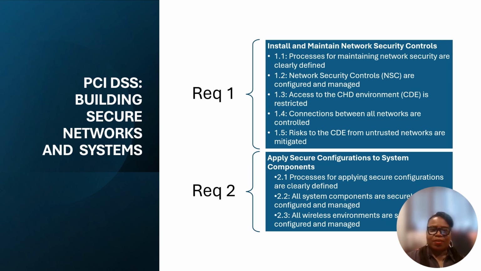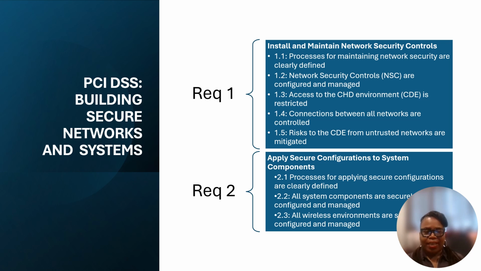And then risks to cardholder data are mitigated as they relate to untrusted networks. With requirement 2, the organization is focusing on applying secure configurations to system components, and the processes to do so are clearly defined. The systems are securely configured and managed, and then wireless environments are also securely configured and managed.